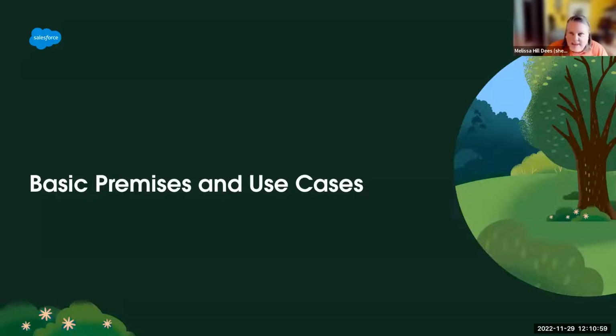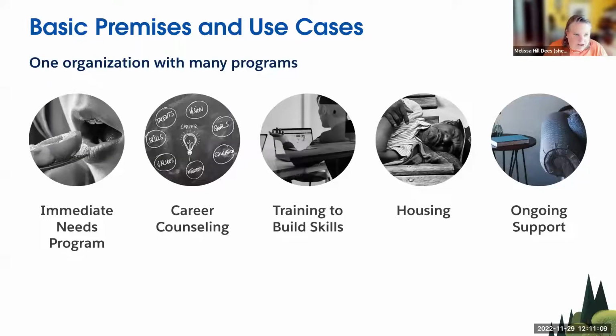The basic premises and use cases are what is really going to be critical for you as you start working with your instance or your customers to figure out exactly what you want to do, right? So one use case is if you have one organization that provides a lot of different programs. So you think about a nonprofit that has an immediate needs program.